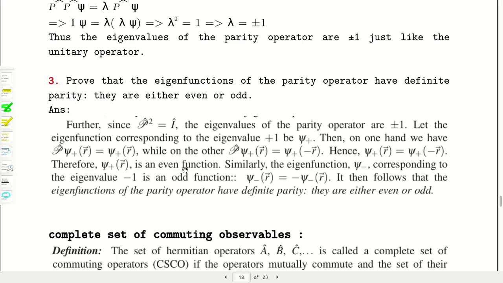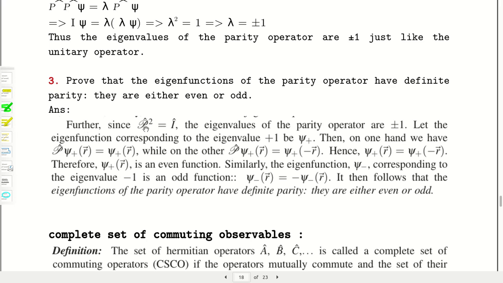Sometimes some functions do not have parities. Just like e to the power minus x, you can't say anything about its parity, but you can say that cos x is an even parity function and sin x is an odd parity function. So if the parity operator operates on a function, then the function should have the definite parity, that is even or odd. That is our proof.